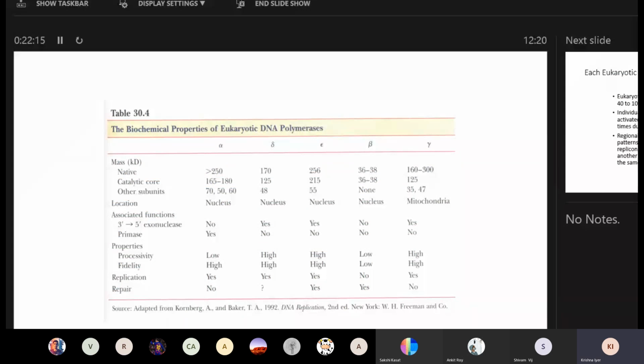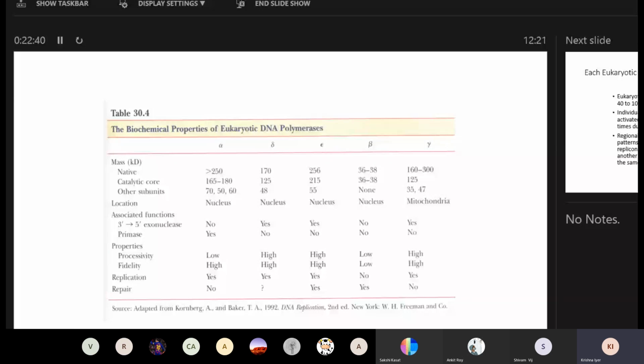But this slide is slightly better. Hopefully, you can see this. What is interesting to realize is that the DNA polymerase which is probably the equivalent of polymerase 3 in bacteria, as far as eukaryotic systems are concerned, is the polymerase called delta polymerase, which has very high processivity and very high fidelity.